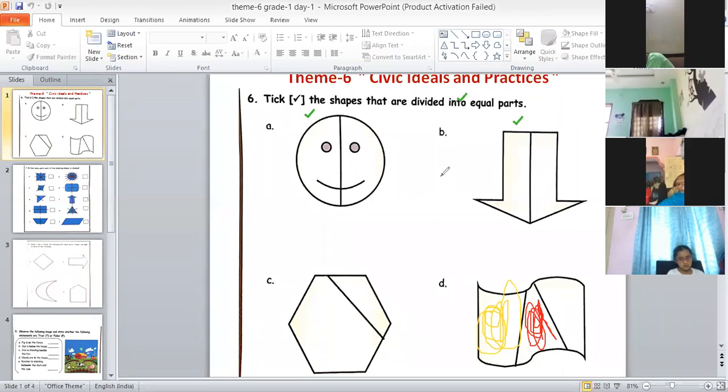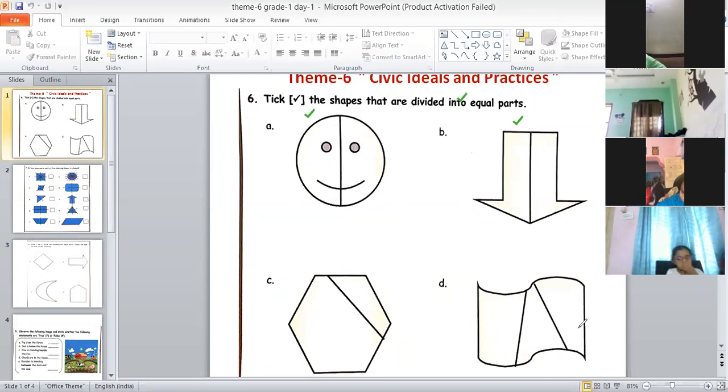Now we have to see whether all these 3 parts are equal or not. So Hayati, you tell me, this yellow part, red part and blue color part, are these all equal? No. Very good. These parts are not equal. This means that this shape is not divided equally. So we will not put a tick on this fourth shape also.